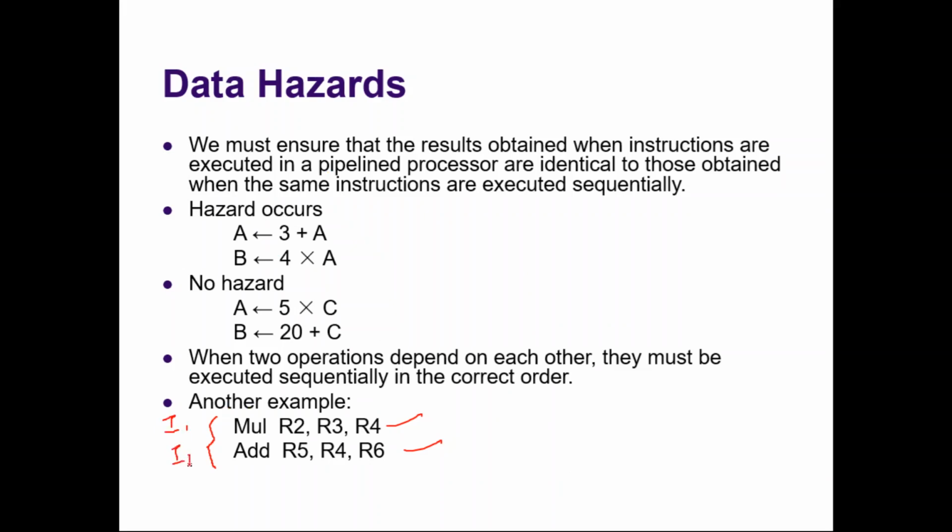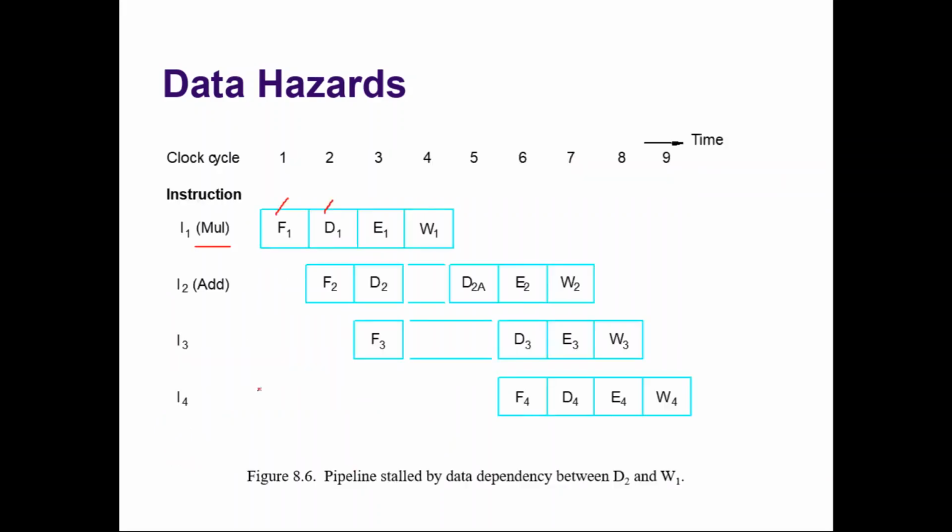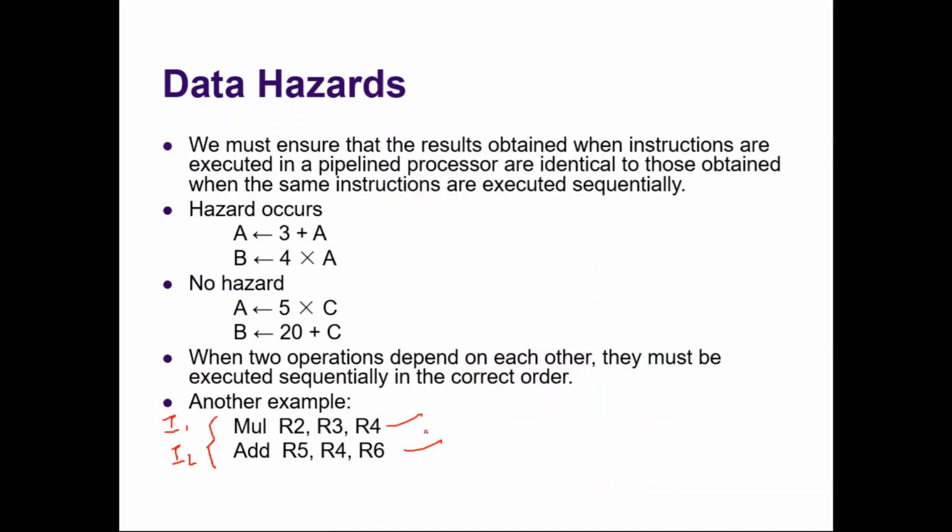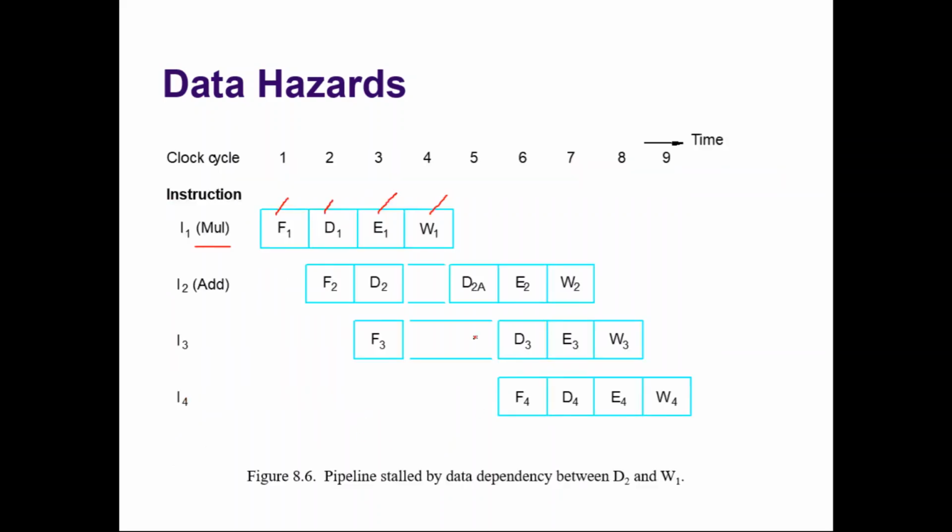Multiply R2 comma R3 comma R4 is fetched at clock cycle 1, decoded at clock cycle 2, executed at clock cycle 3, and its result is written at clock cycle 4. See, this is important. Result is written means the R4 is updated at clock cycle 4.